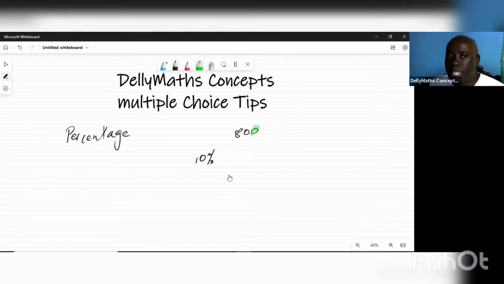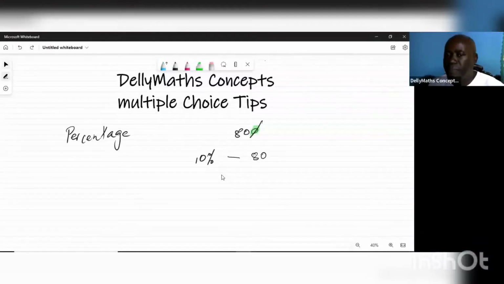So now 10% of anything is to take off the zero at the end. So 10% of 800 is actually 80. That's what 10% is. In other words, the decimal point would have moved from here to here. But outside of the movement of the decimal point, you can just understand that 10% of the numbers will just be to drop off the zero at the end.